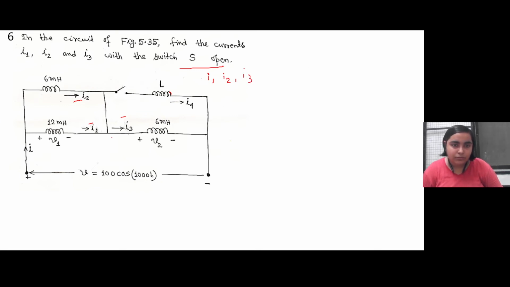So can you tell me how to proceed with this problem? Let us just find first what is I. To find what is I, what do we need? Can anyone suggest what we need to do first?